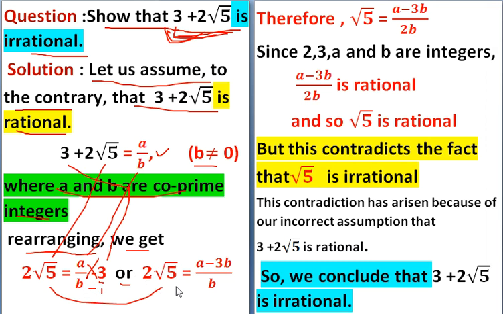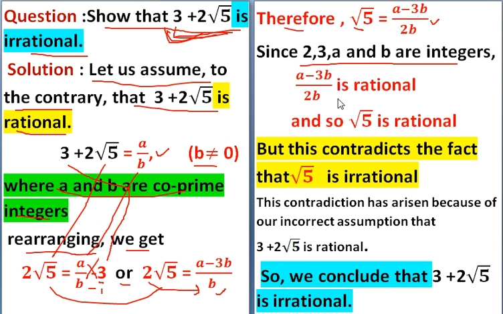So 2 root 5 equals a minus 3b by b, and therefore this 2 goes to the denominator side, and we find root 5 equal to a minus 3b by 2b. Here 2, 3, a and b are integers.